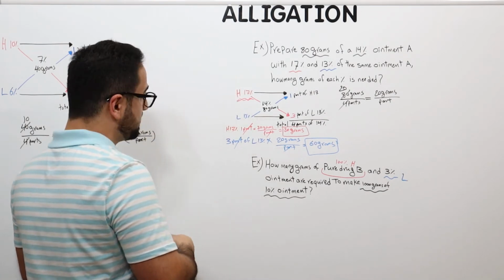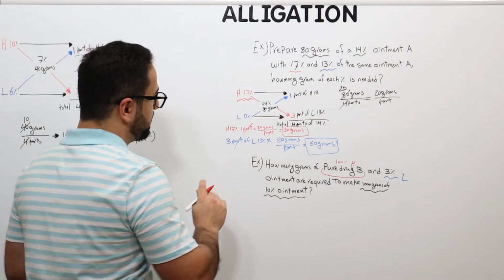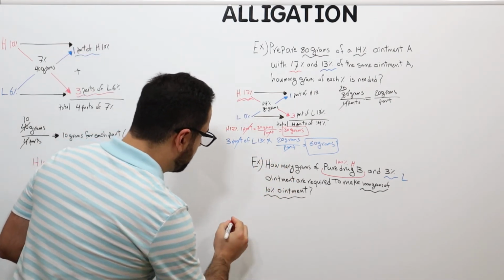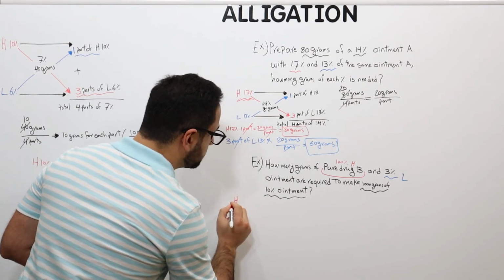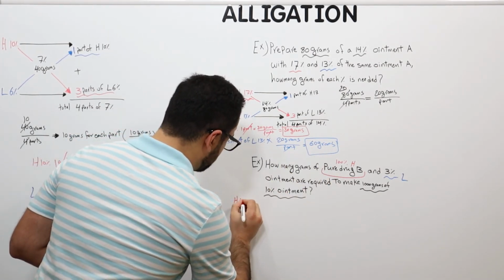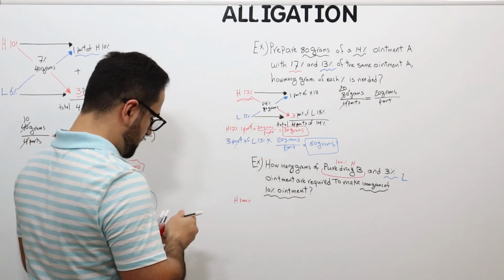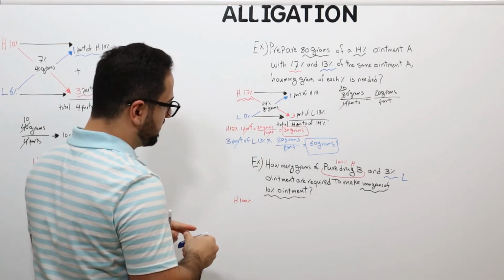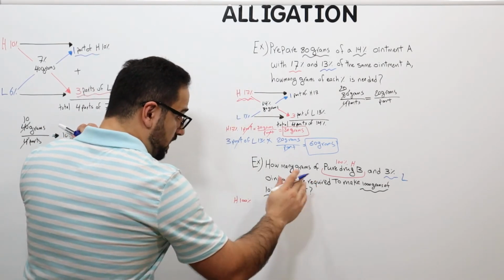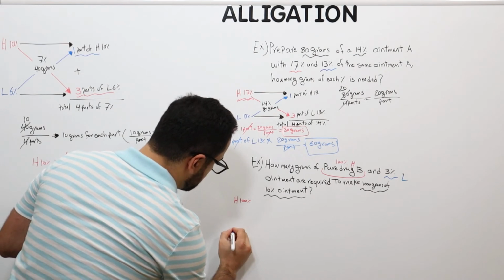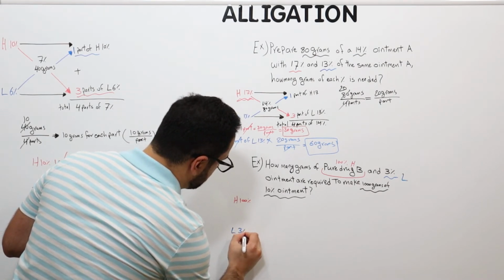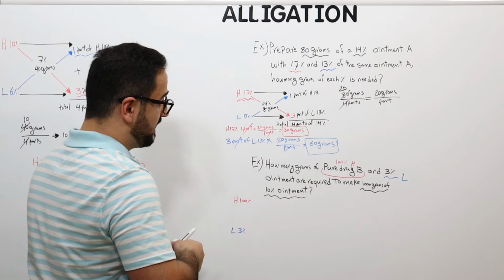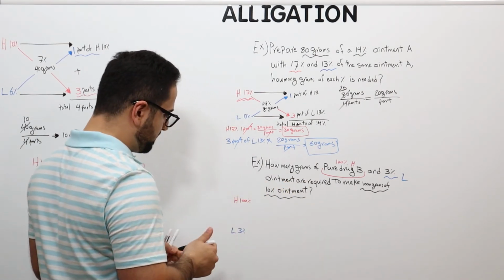So now let's do what we did early on. We're going to go left top, which is the higher, and we have 100%. Then we place the low concentration, which is 3%, so this is L for low, 3%. And then the desired, which is 10%.